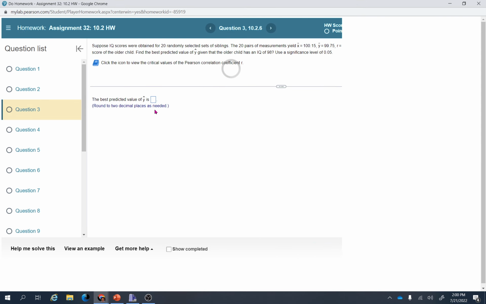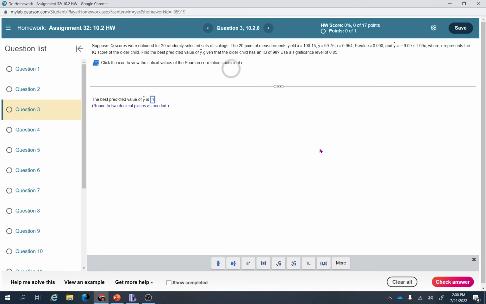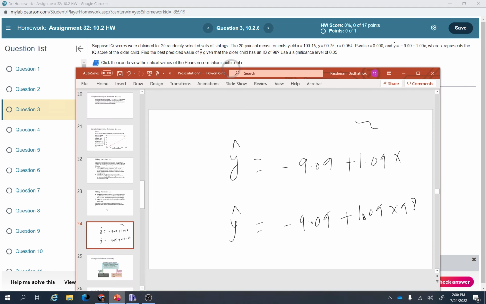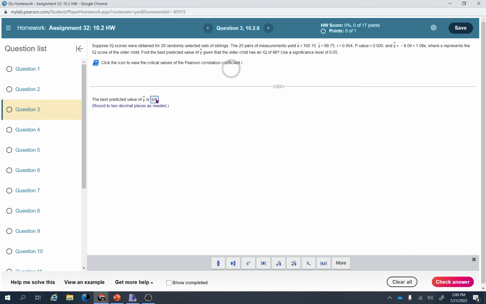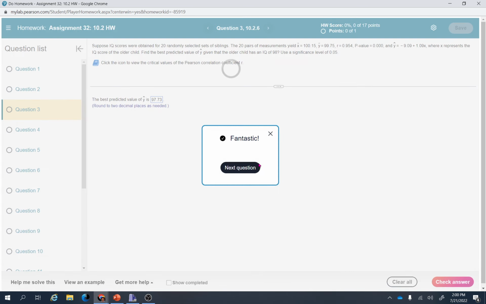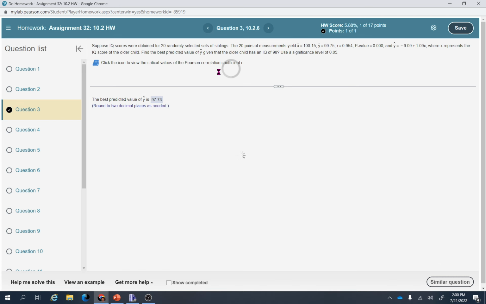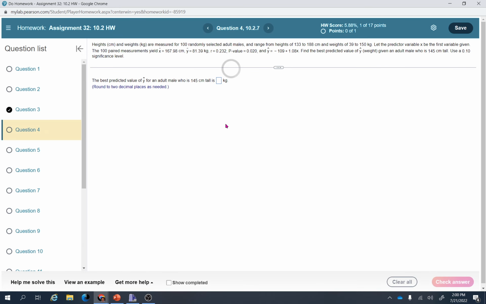So we go here and put it in, rounded to 2 decimal places: 97.73. Check answer.